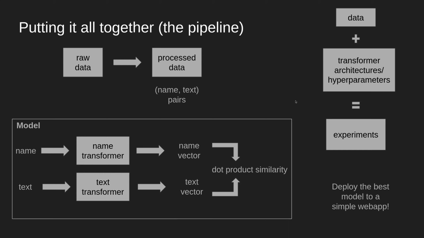In terms of the research question, with these transformers there are a lot of different architectures and hyperparameters, so we want to try out a bunch of them. Each version of this model is an experiment. We run a bunch of experiments, take the best one, and deploy it as a web app that anyone can use to search for cards.